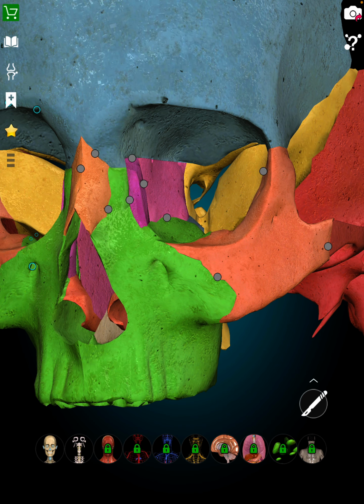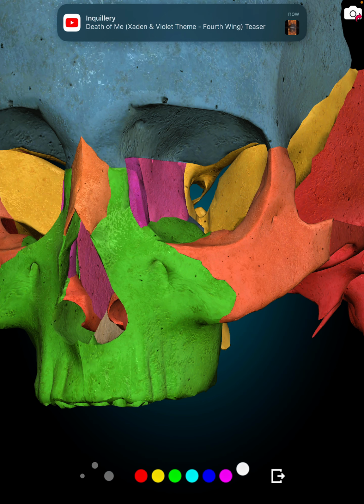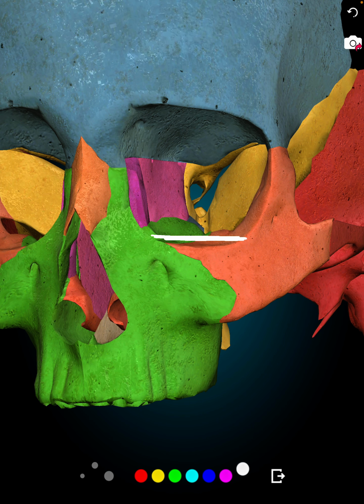Now, moving on to the next border, we will look at the inferior wall. Okay, it's over here, right? So the inferior wall, we have this bone, right?